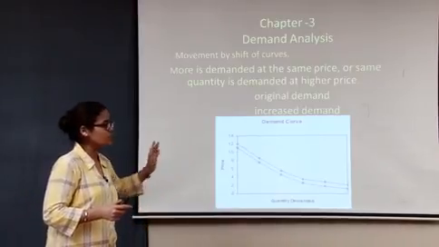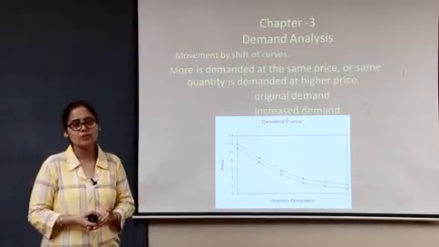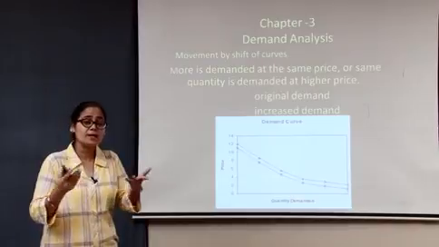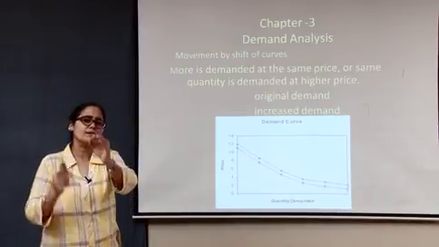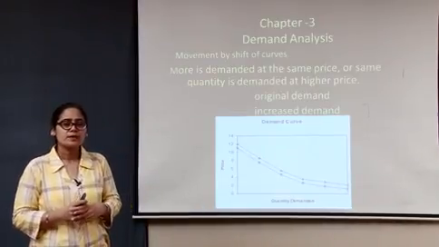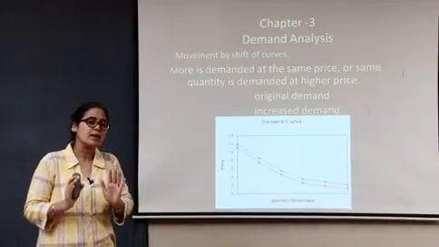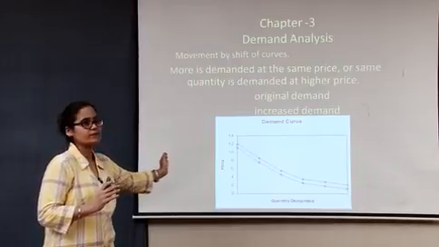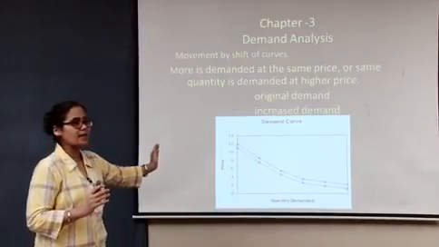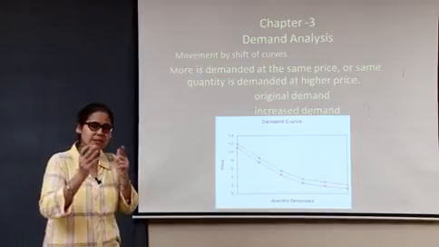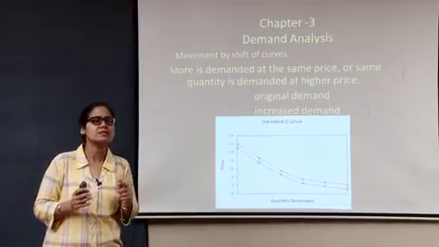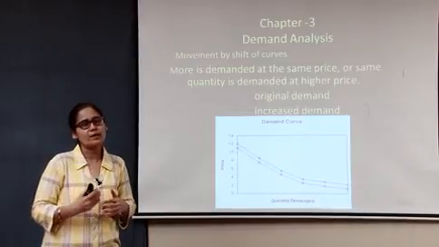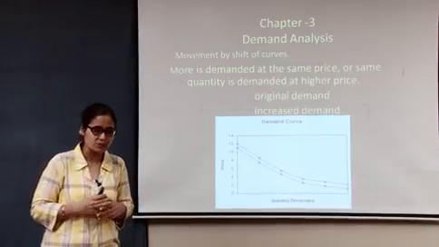Now what can lead to shift? Either income has changed, price of another product has changed, utility, quality. Suppose the product quality falls and consumers don't want to buy the product because of the fall in quality, we say the demand shifts to the left. The best example coming to my mind is the recent news about the fall in the quality and services of Indigo Airlines.